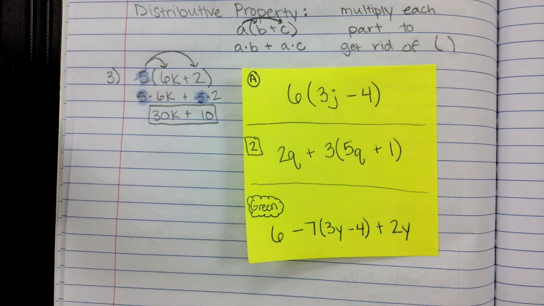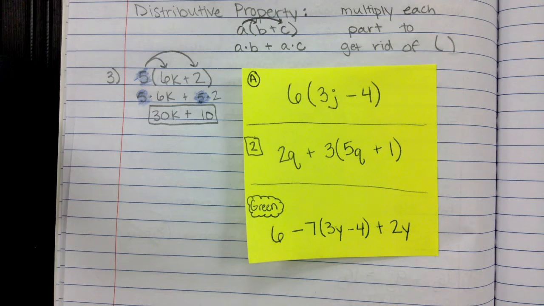All right, here we go. Back here, take a look. Those of you that did the first one, you had BSCs do this one. So we distributed the 6. 6 times 3j. Now BSCs put a plus here, and that's okay, but where did he keep that minus then? He put that minus with the 4.